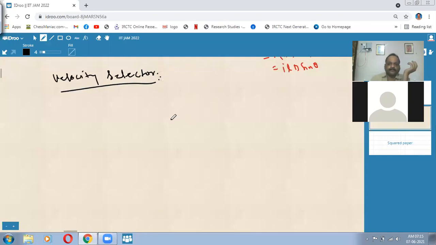Now consider a chamber like this with a small opening at the center.